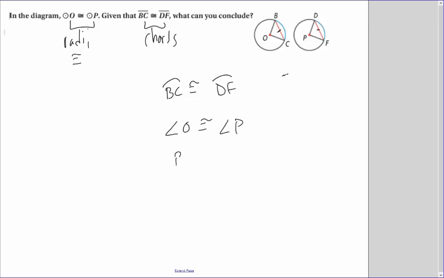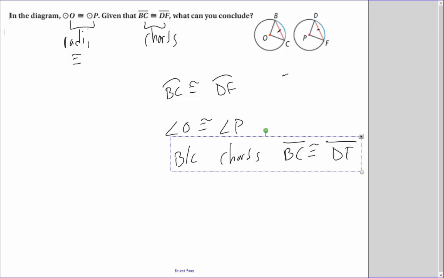Because I had chord BC congruent to chord DF. That's using the theorems that we just went over. If your chords are equal, your central angles are equal. If your chords are equal, the arcs are equal.